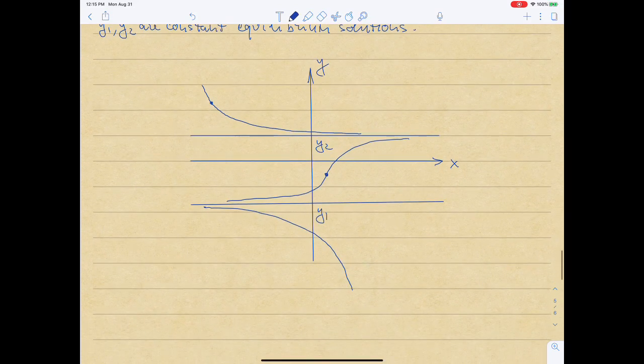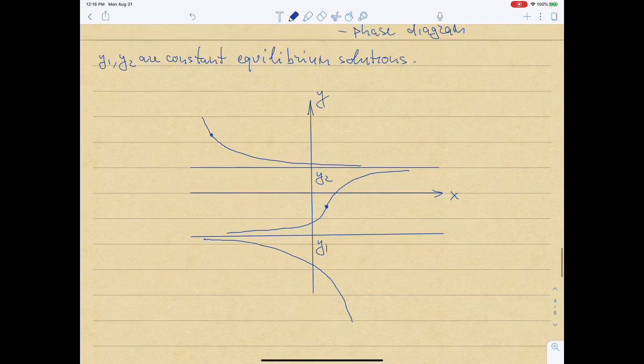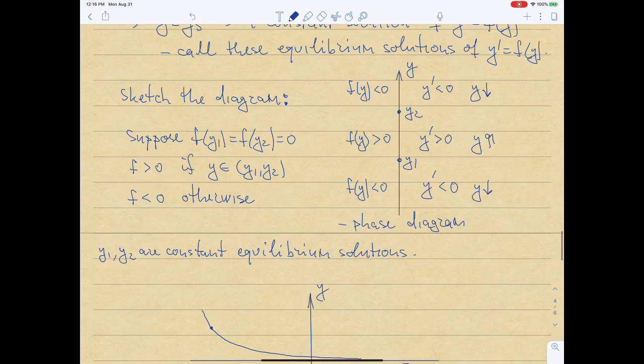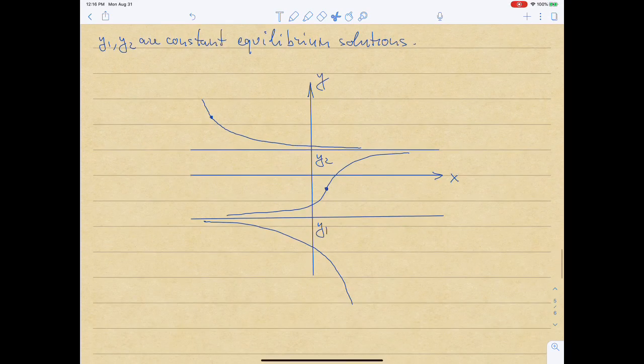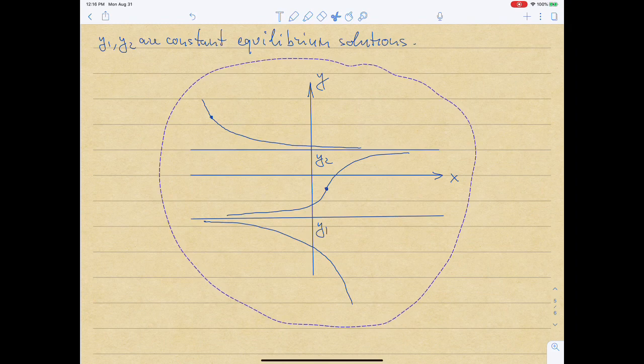And so what you see is that we can fully characterize what kind of solutions our autonomous ODE can have. And that is all based on the phase diagram for the function f. It fully specifies what kind of solutions you should be able to get, so that you can see on this picture.